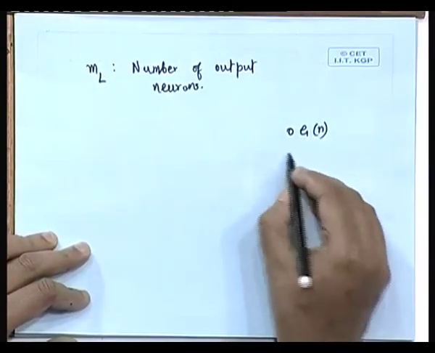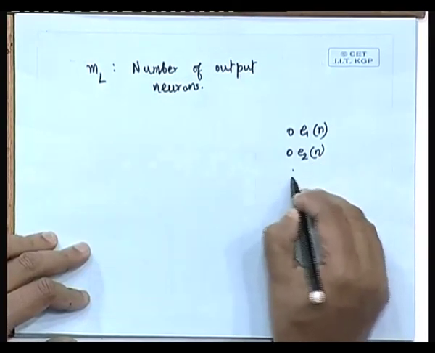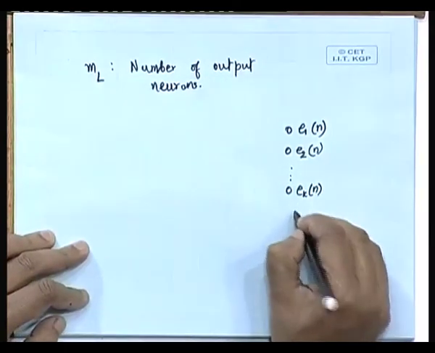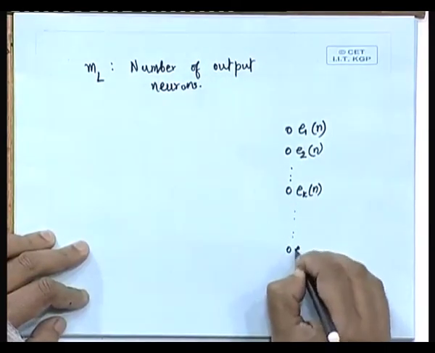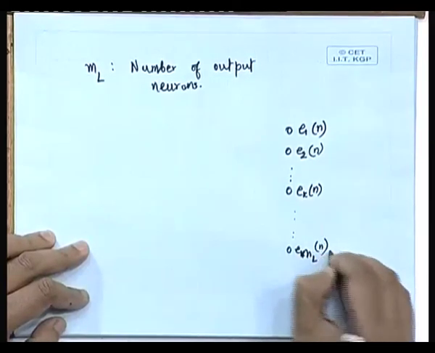Let us say this is E1, this is error E2, this is error EK, everything at the nth iteration, and finally EMLn.